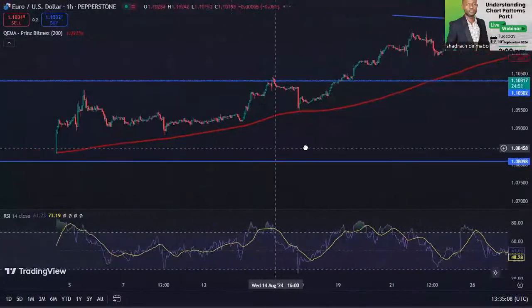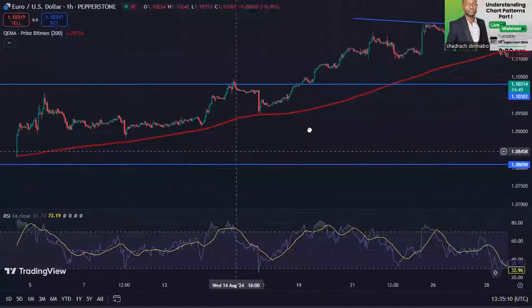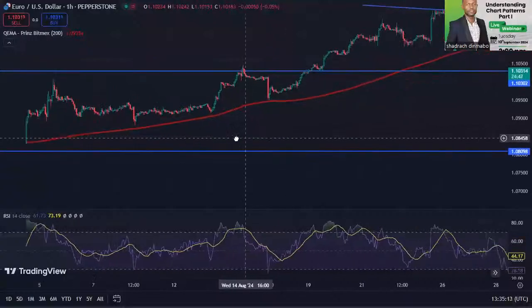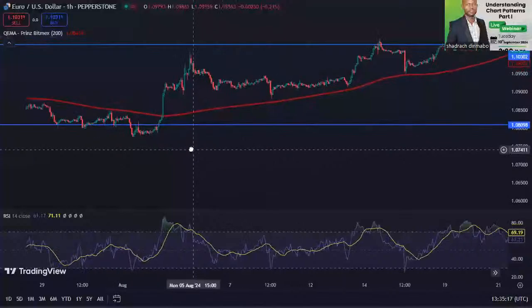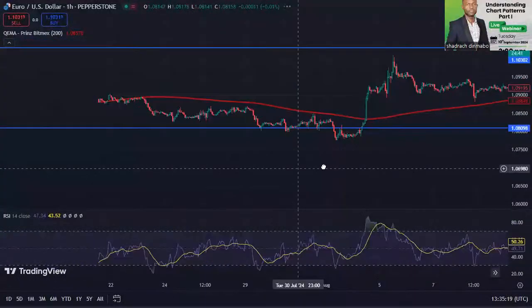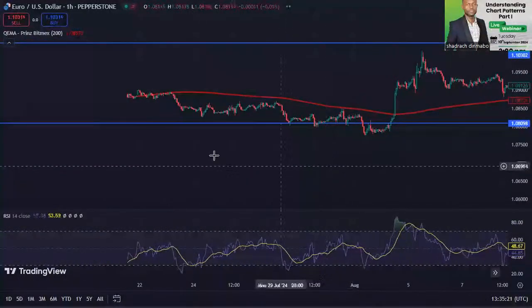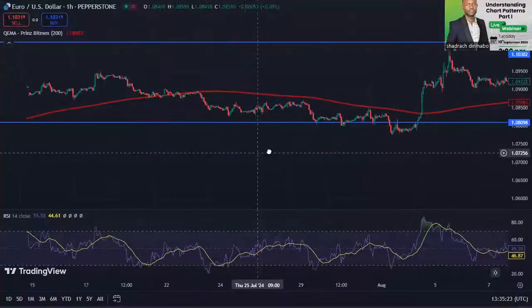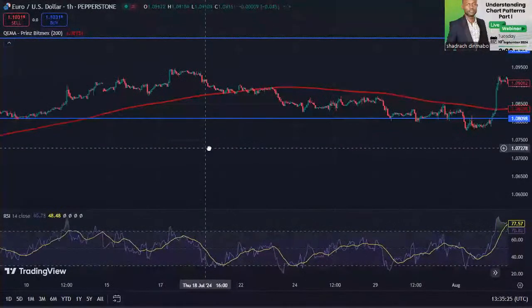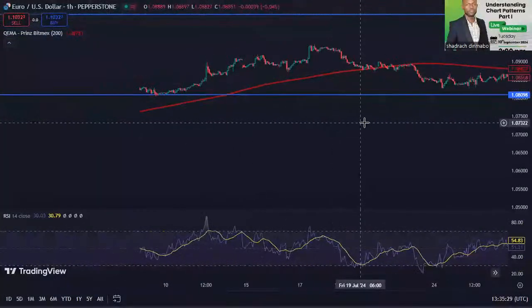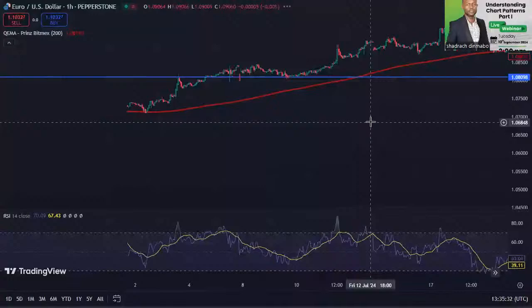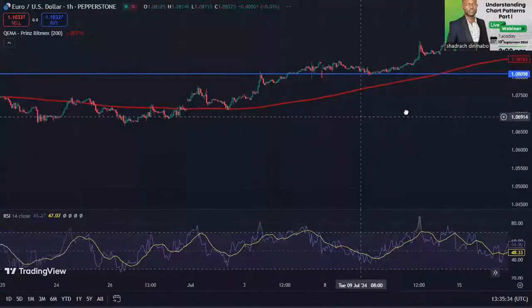Let's go back to history and see if we can find some. They don't show up all the time, right? But when they show, and looking at it with other confirmations, one can actually take a nice trade on that.